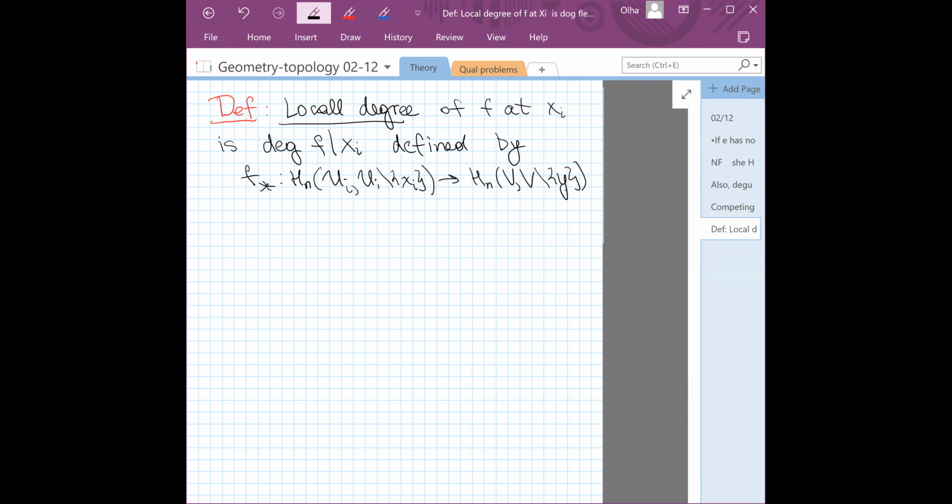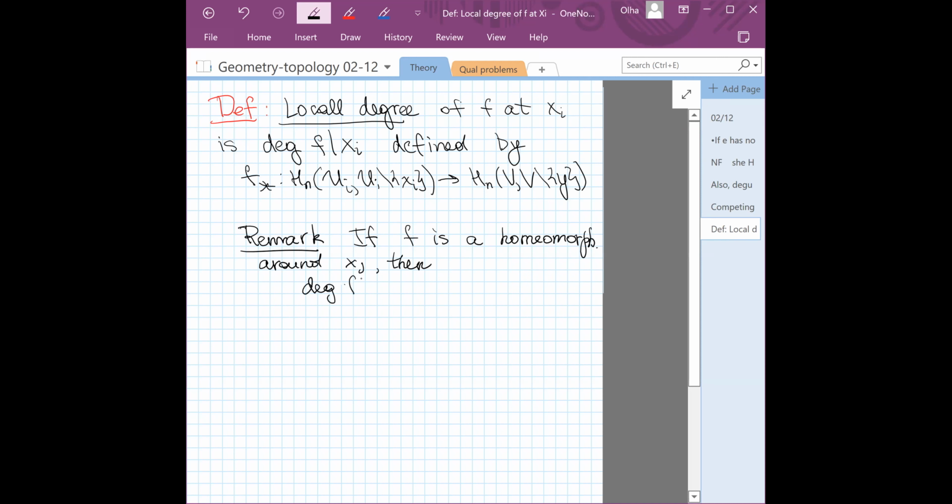Here's why this is a nice thing. A couple of things. First of all, let's do a remark: if f is a homeomorphism around xi, which means that there exists a neighborhood that's mapped homeomorphically into a neighborhood of y, then the local degree of f is going to be equal to plus or minus 1.